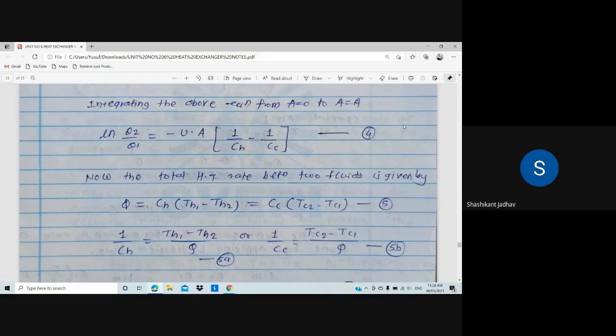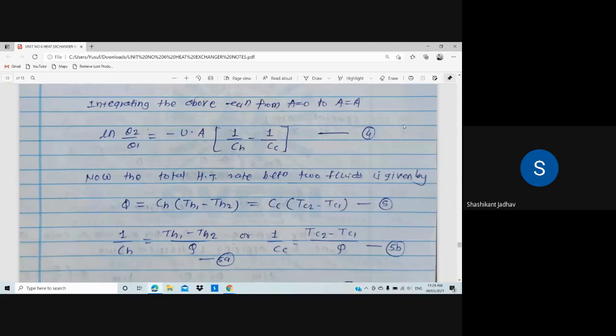Okay, so now we have to find the heat transfer equation, that is the total heat transfer rate between the two fluids. Till now we calculated the equation for a small elemental area. But now we have to consider the whole heat exchanger, and for that whole heat exchanger we have to calculate the total heat transfer rate.